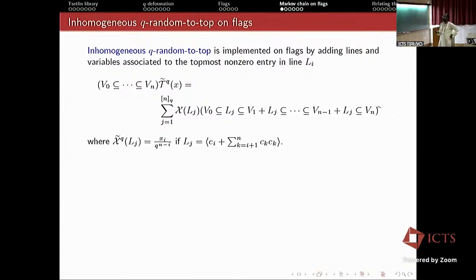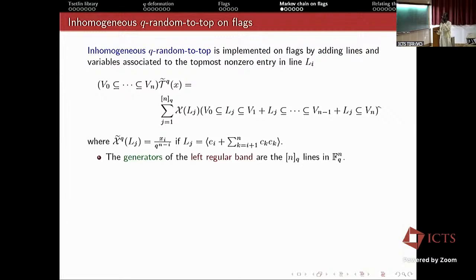Now the key point is that you add line L_j with probability x_i divided by q^(n-i), if the first non-zero entry of that line is in position i. Every line can be uniquely represented in this way, where the first coefficient is 1. That's of course just a scaling. So this gives us a probability. So now, given a flag, I will add all possible lines, my [n]_q lines, according to this distribution.